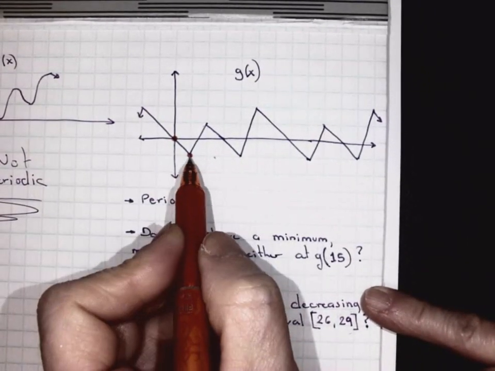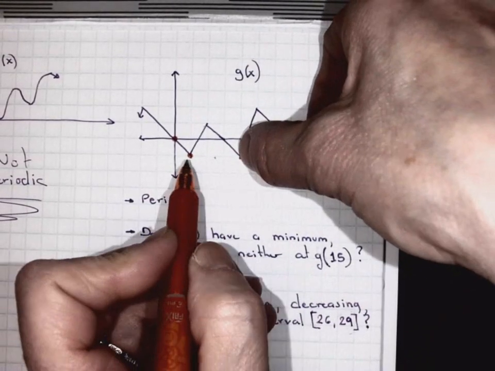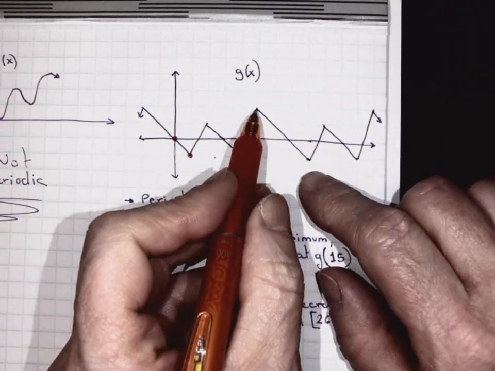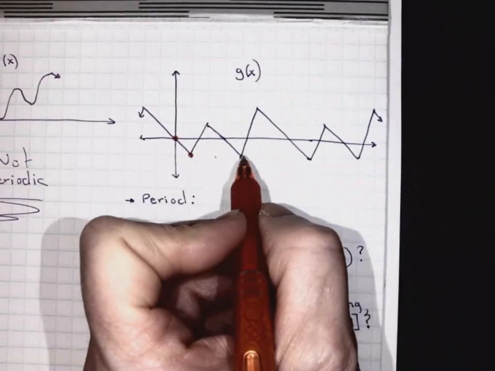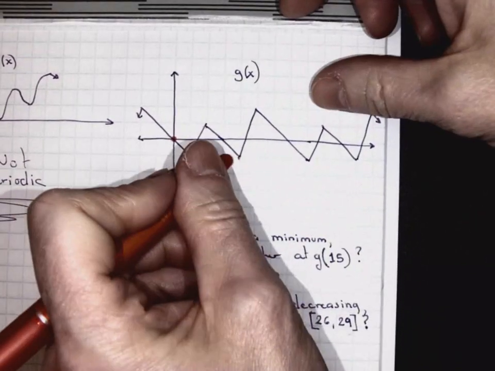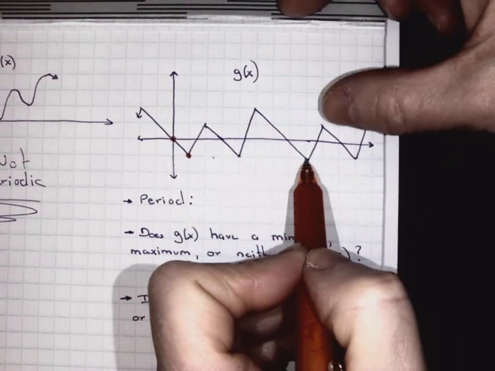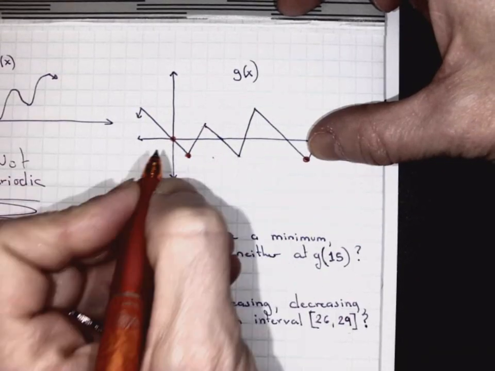Let's start here. I'm going to go from that minimum to this minimum, and look what's happening. I'm going up, and then down, down, down. But then I'm going up again, but not to that same point. That will mean my cycle is not finished. So I'm going to keep going. And I'm going to come back down, and that will be one full cycle from here to here.